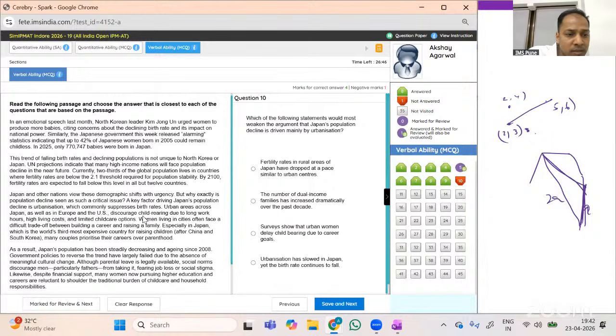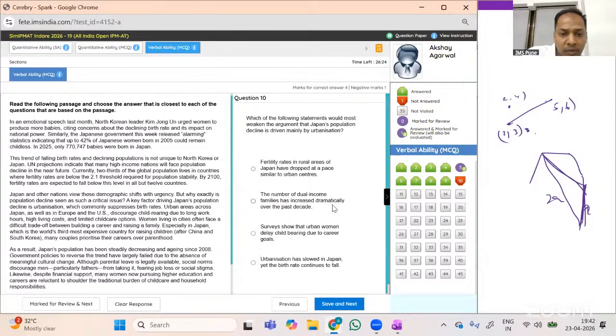Urban areas discourage child rearing due to long work hours, high living costs, and limited childcare options. So if that is not happening, that would weaken the argument: fertility rates in rural areas of Japan have dropped at a pace similar to urban centers. That would most weaken the argument that Japan's population decline is driven mainly by urbanization.